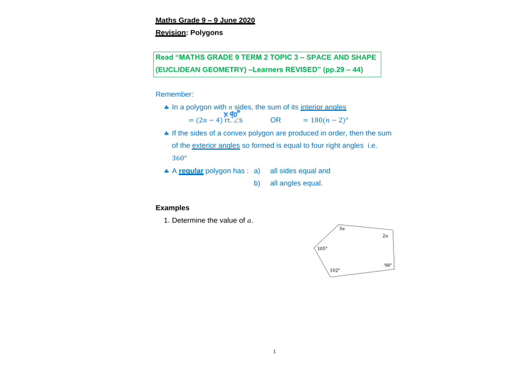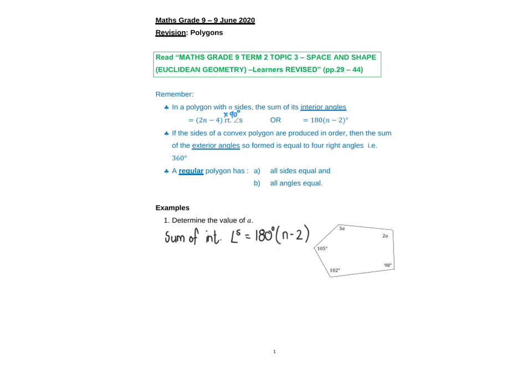So we say the sum of the interior angles, which is 3a, 2a, 98 degrees, 102 and 105, is equal to 180 degrees times n minus 2.